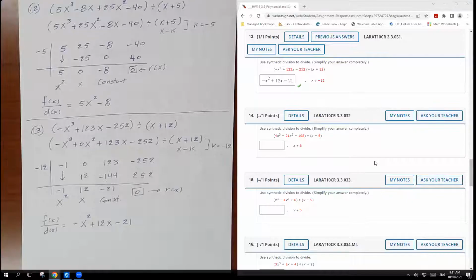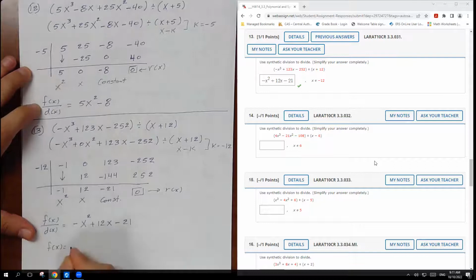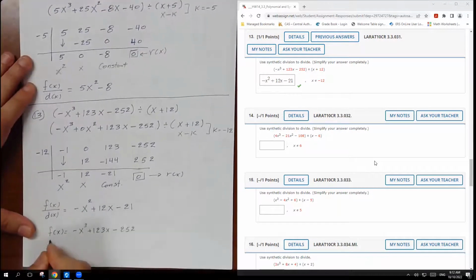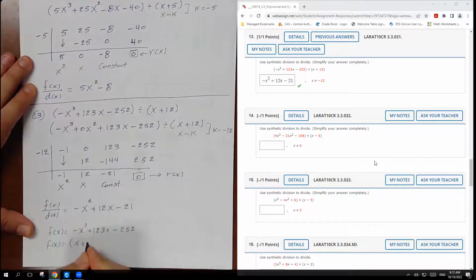Before we move into the next example, just to give you a note here, if you want to factor f of x, which is negative x cubed plus 123x minus 252, f of x is going to be x plus 12 times q of x, which is negative x squared plus 12x minus 21.